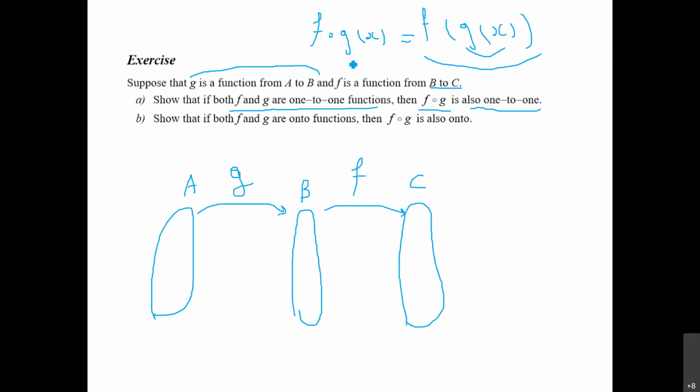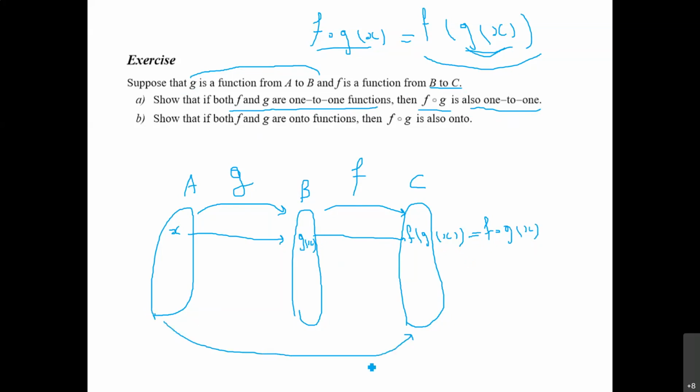So again, what's f round g? First, you have an element x. You have to use g of x first, so it gets mapped to g of x. Then that element gets mapped to f of g of x, which is f round g of x. Okay, so this whole thing from A to C, it's f round g of x.